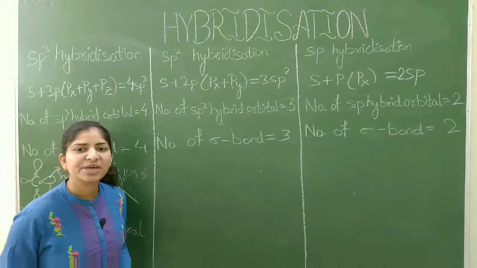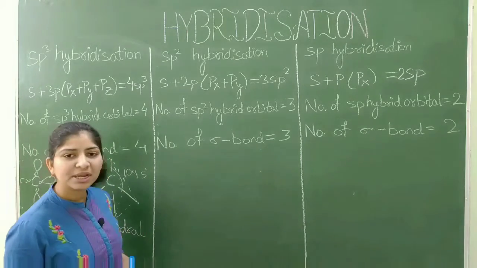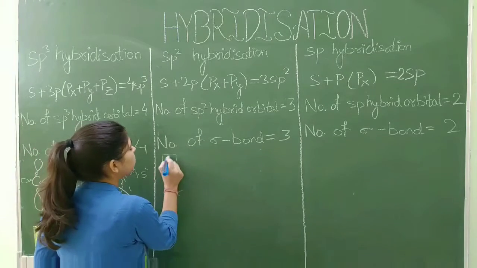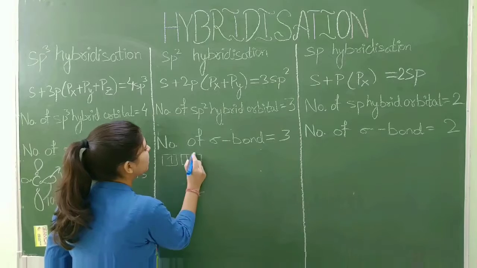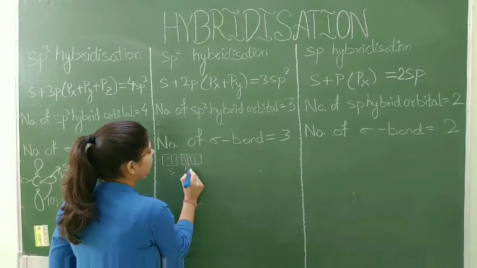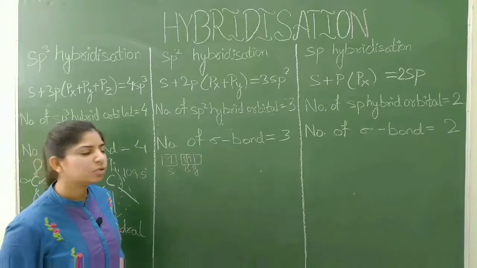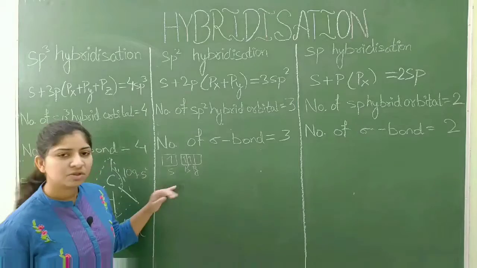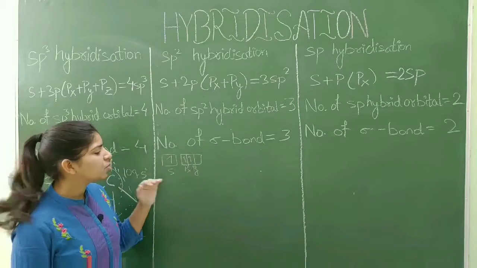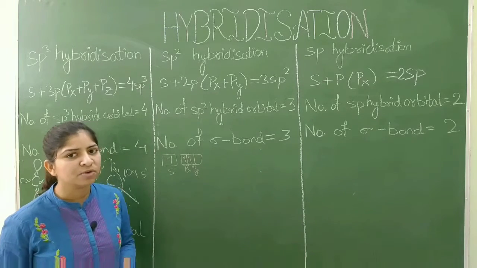In sp2 hybridization, one electron is present in s orbital and two electrons are present in p orbital. So total number of unpaired electrons in sp2 is 3, and according to valence bond theory, total number of unpaired electrons will be equal to total number of bonds formed.